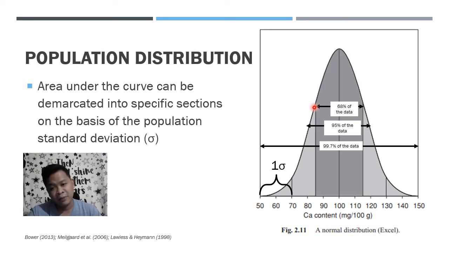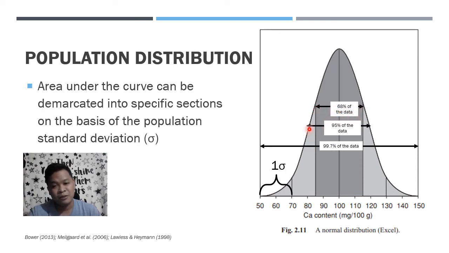Therefore, if you have a population of 100 and you have a mean plus minus one standard deviation of a certain value, say the hedonic rating is 6 plus minus 1, then that means 68% of the population is expected to give a value, a response between 5 to 7.